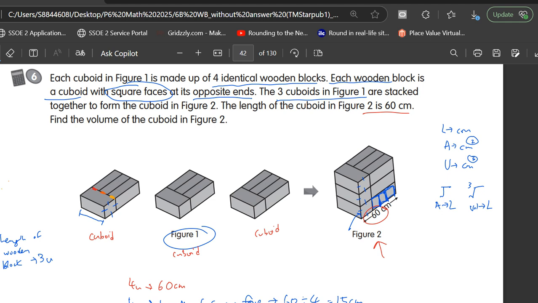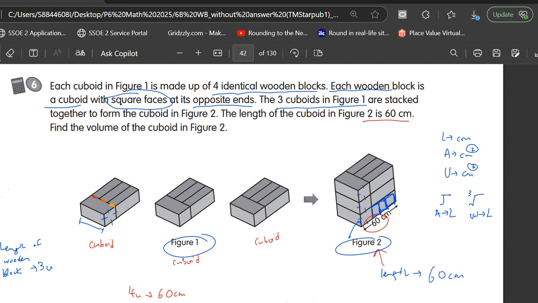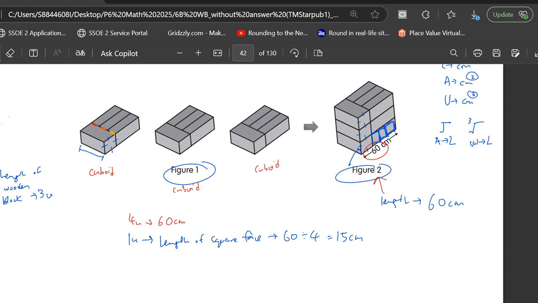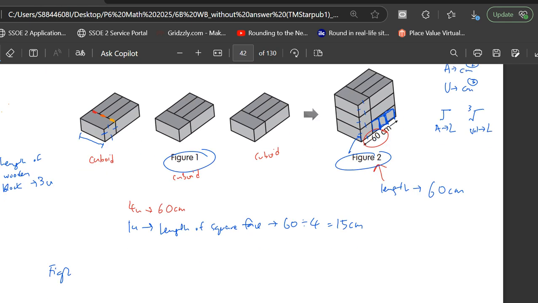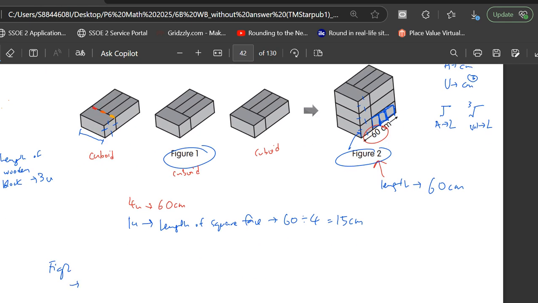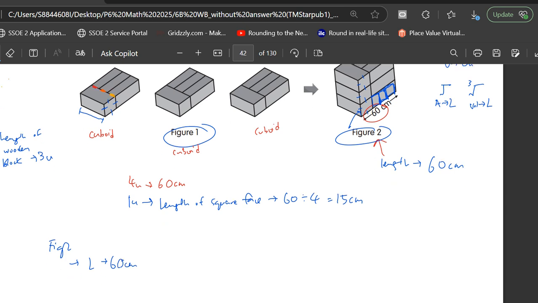From there, for figure 2, I am given the length. It is 60 centimeters. For figure 2, we are supposed to find the volume. We already have the length. The length is 60 centimeters. What is the breadth?